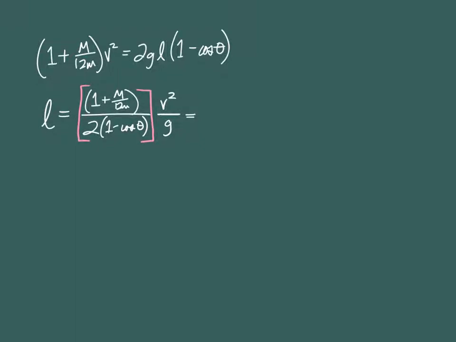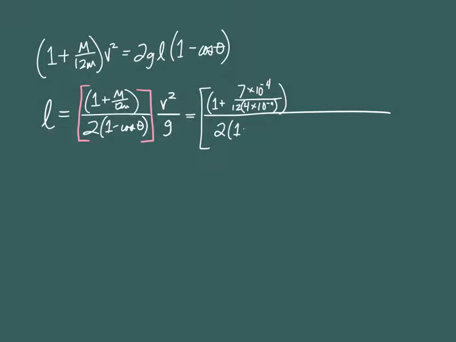So if we plug and chug a few things here, so let's take a swing at that. 1 plus 7 times 10 to the minus 4. I'm going to leave it in grams because I'm just canceling them out. You could bother to change everything to kilograms, but it wouldn't help you in the problem at all. 2 times 1 minus cosine of 10, that was given in the problem.